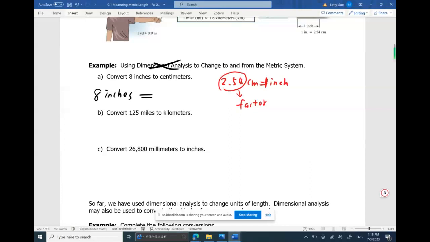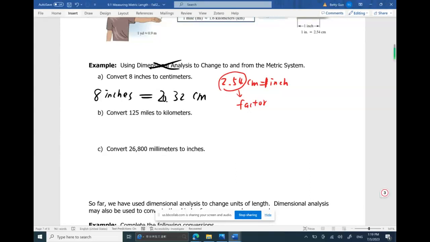Use your calculator, please. Since centimeter is a smaller unit, the number in front of it is going to be bigger, 2.54 times bigger. So we multiply 8 by 2.54. Use your calculator to see if you have the same number: 20.32 centimeters.